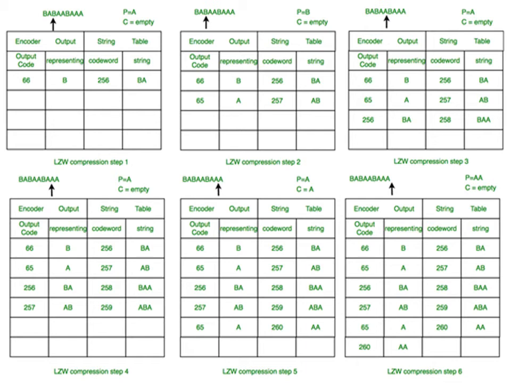This will continue until it finds as many patterns as possible, and it will only stop either after all the patterns have been found, or the table limit of 4096 values has been reached. Okay, so I hope you have understood how the LZW compression happens.